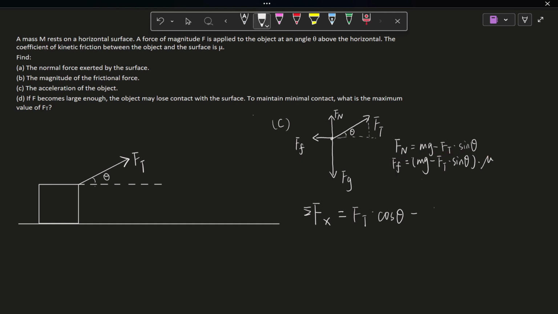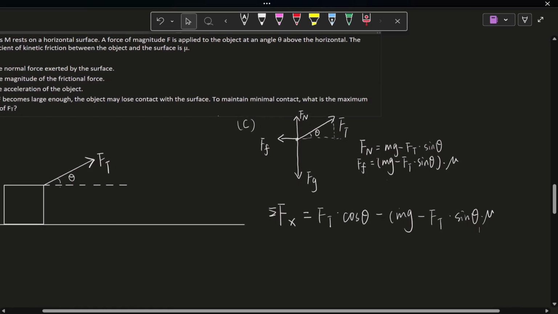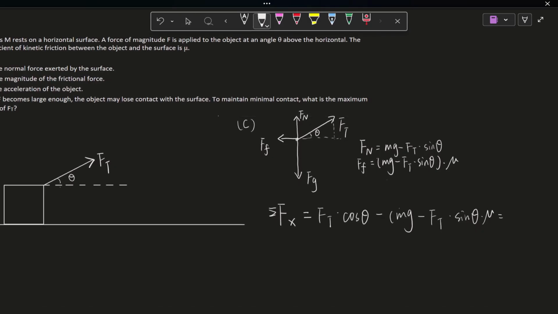I'll just plug in the Ff you already saw from the last part: minus mg minus Ft times sine theta, times mu. And this is equal to ma. So this is what you want to solve.